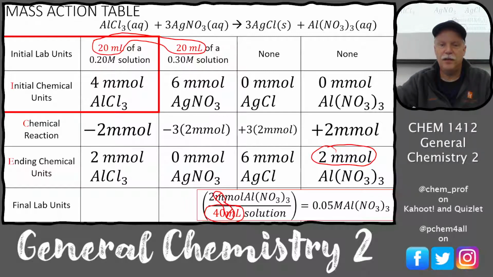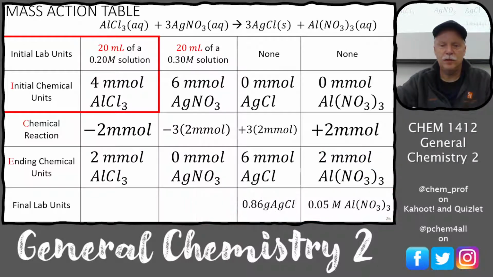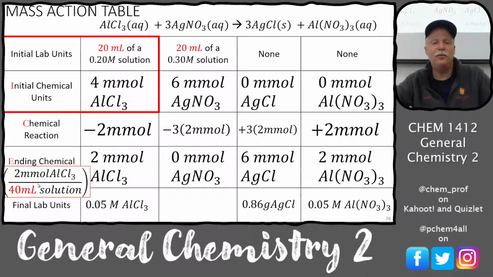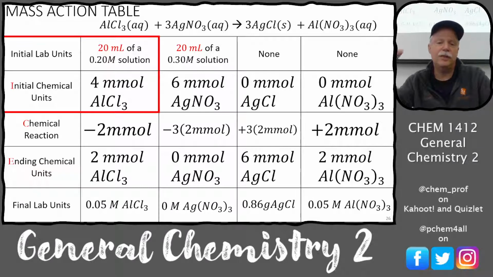Okay, so let's do the other ones. So that's 0.05 molar aluminum nitrate. Here's 2 millimoles of aluminum chloride, again in 40 mils of solution. So we end up with 0.05 molar aluminum chloride. And then the concentration of the silver nitrate is 0 because we ran out of that.